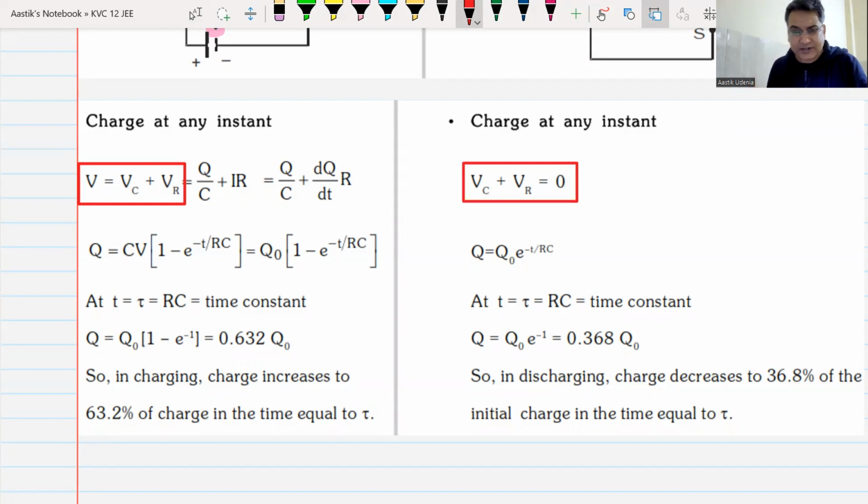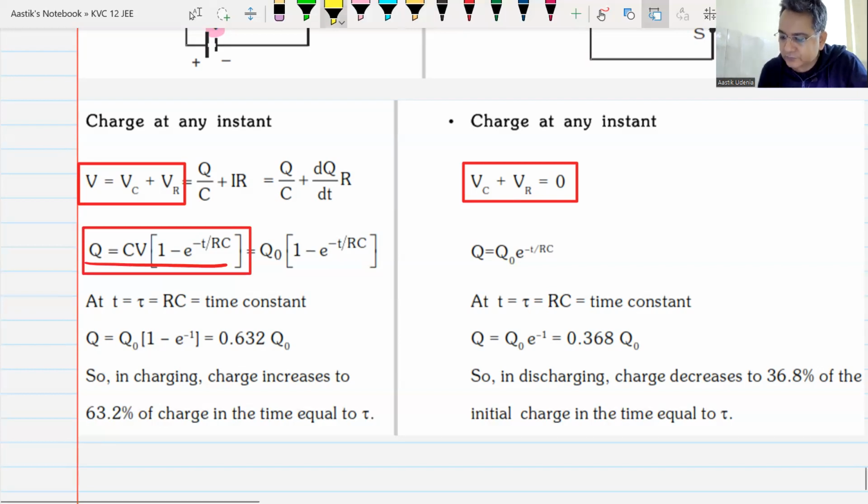From this you get a differential equation, which you can see. I'm not concerned with that. Solving that differential equation, you will get the value of charge on the capacitor as a function of time, which is given in this bracket. We understand this much?